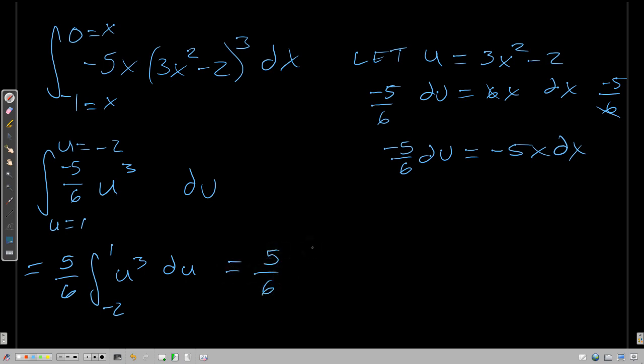Then my 5/6 just kind of hangs out, and here's how a lot of people will write it. So they've done their antiderivative, this is my capital F, and instead of doing it like I was a minute ago, which is nice and clean and perfectly fine with the capital F and everything, people will just say the top one minus the bottom one.